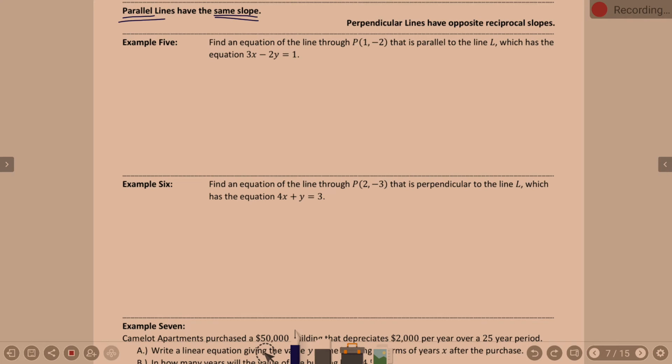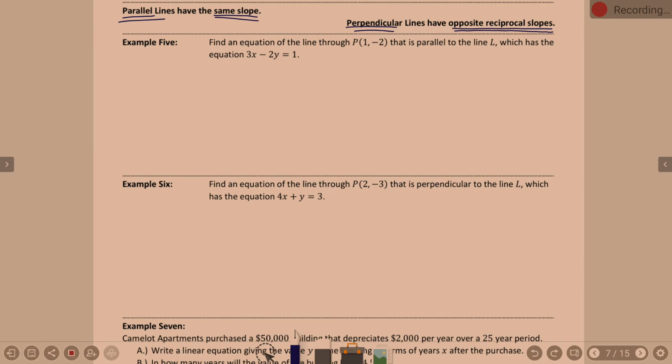Okay? What's perpendicular mean? They cross how? At what angle? 90 degrees, yes. Perpendicular lines cross at a 90 degree angle. What do we know about their slopes? Opposite reciprocals.